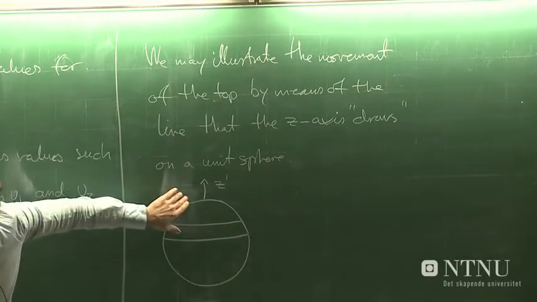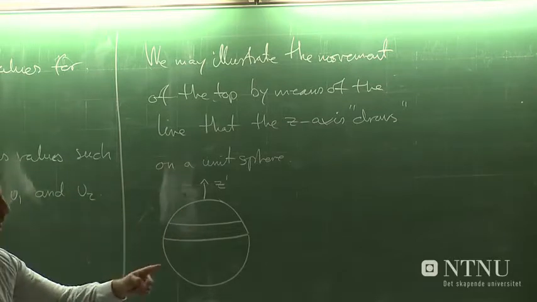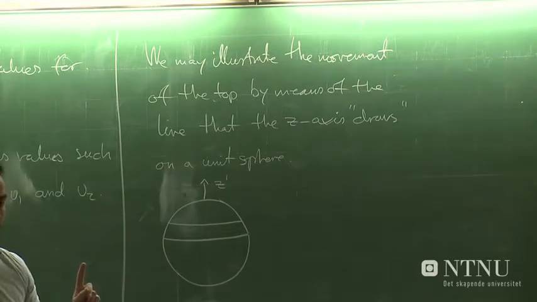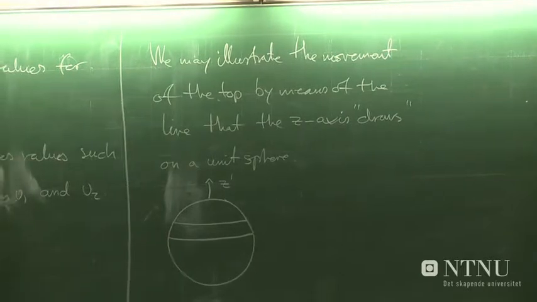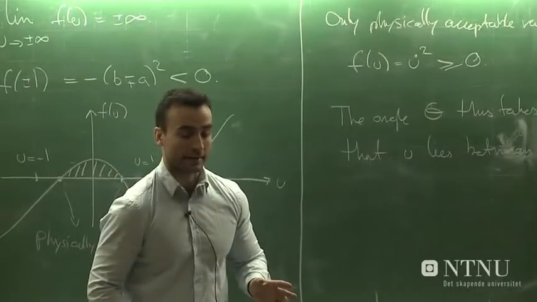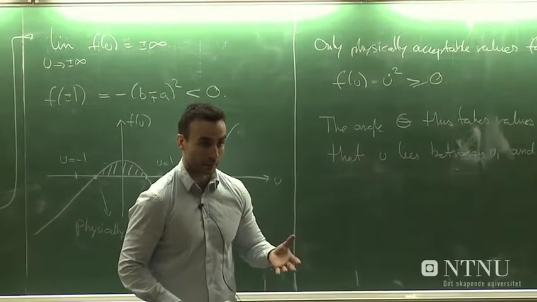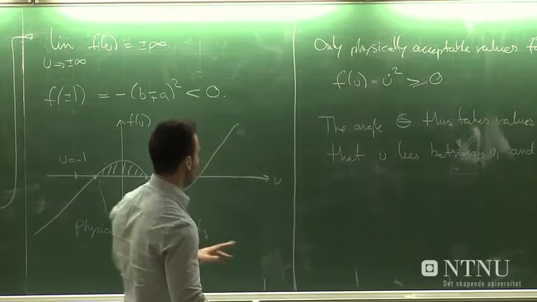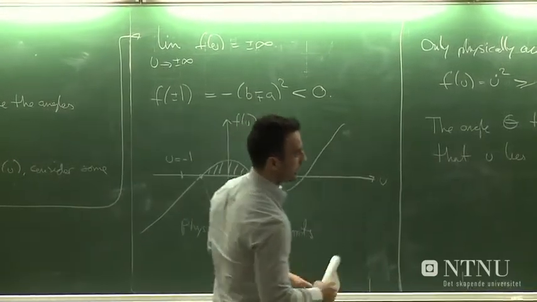So we're considering now the stationary system, and the top will move with theta. And from this analysis, we know that the values that theta can take are restricted to being between theta 1 and theta 2, corresponding to u1 and u2.